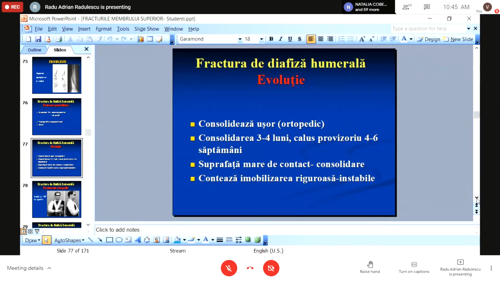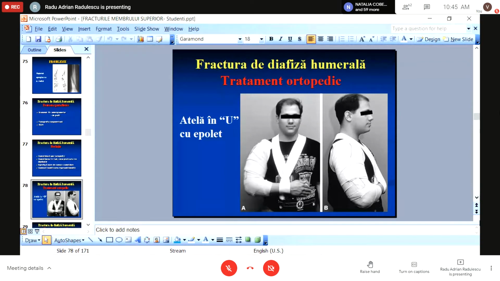In order to obtain this consolidation, we may use different types of immobilization. One of them is this one you can see here.